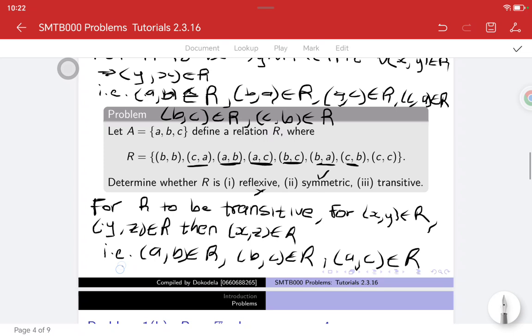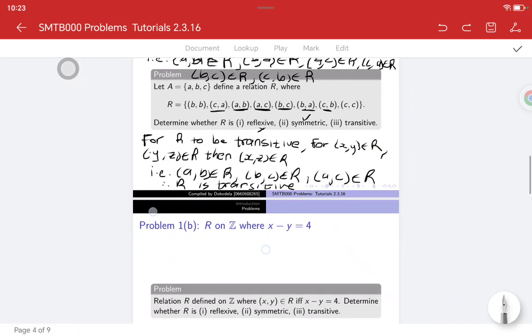So I can write that therefore R is transitive. So we know now that R is transitive and it's symmetric, but it is not reflexive. If it was reflexive, symmetric, and transitive, this would be an equivalence relation. But since it is not reflexive, it is not.